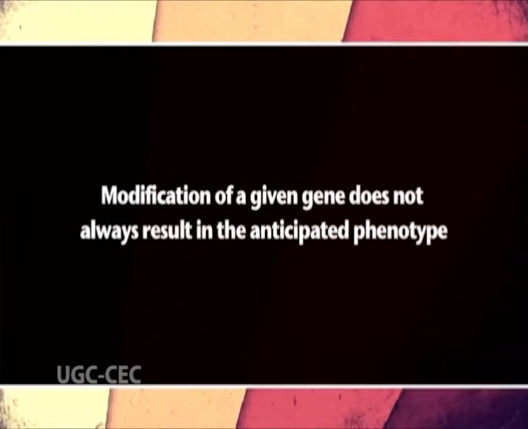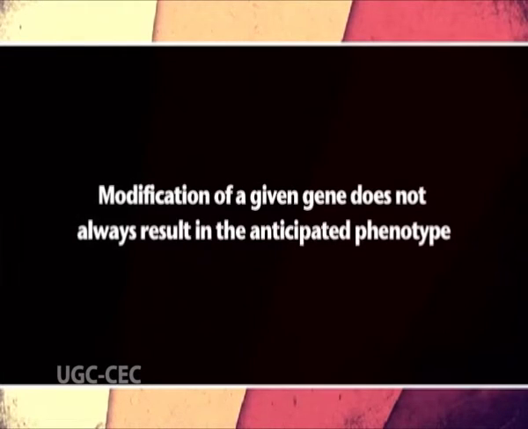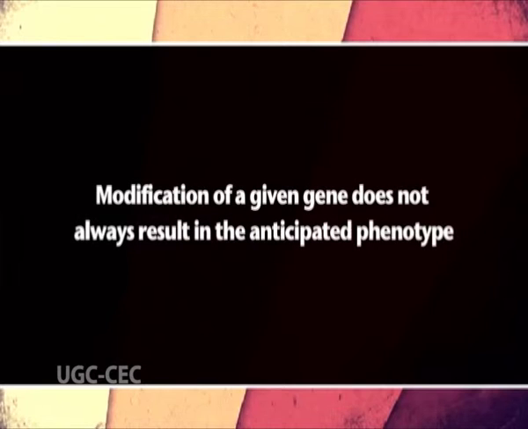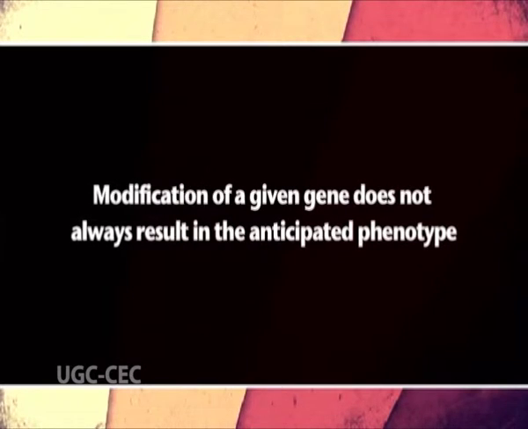In spite of the advantages, there are significant limitations of genetically modified mouse models. Modification of a given gene does not always result in the anticipated phenotype. In some instances, phenotypes of targeted mouse mutants were not those predicted from the presumed function of the given genes, while other null mutants revealed no apparent defects.